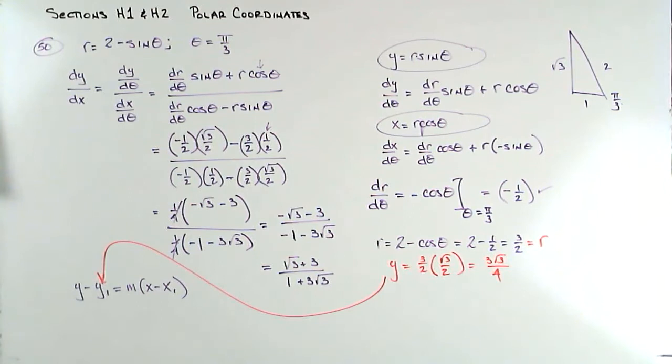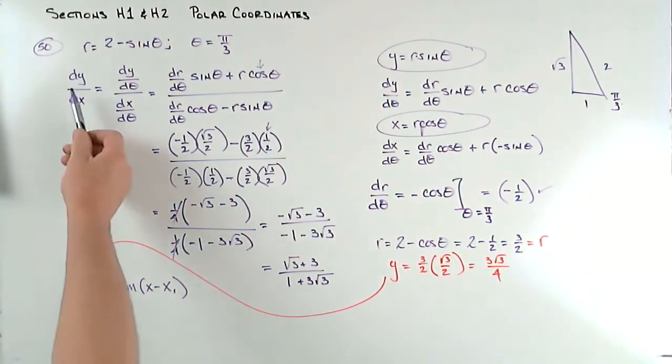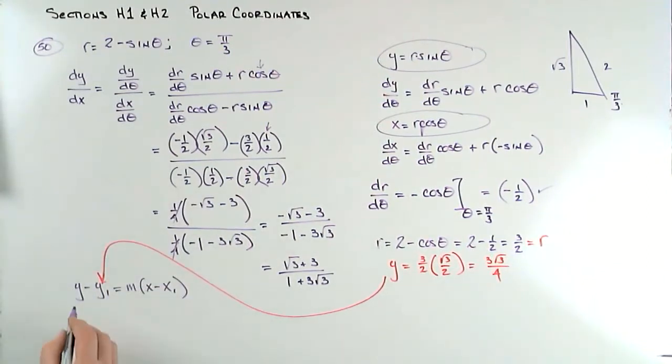The other problems that are in the homework are 53 and 55, and they ask us to determine when the tangent line is horizontal and when the tangent line is vertical. To do those problems, you take your formula for your derivative, the formula we have right here. For horizontal, you want to set dy/dx equal to 0, because if the slope is 0, the tangent line is horizontal.